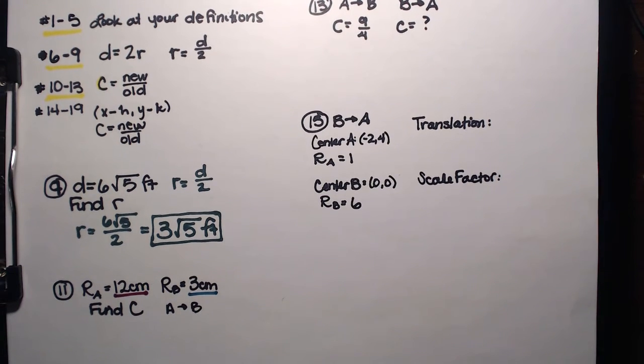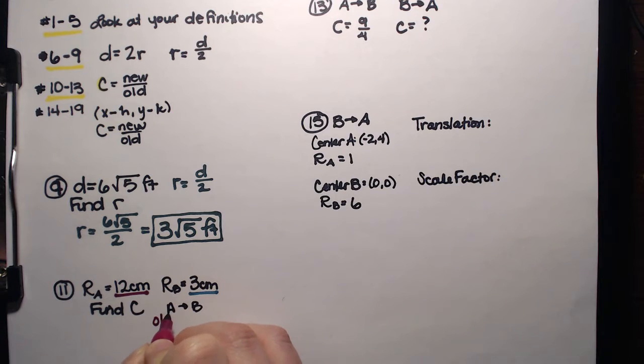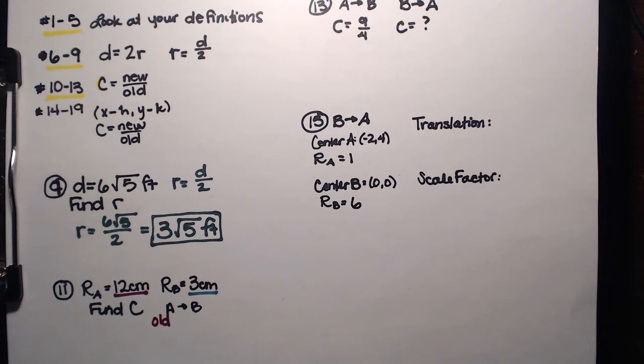Now, I also need what my new place is and what the old place is. So this one's saying A to B. So in this case, A is where I'm starting, so that's the old value, and B is my new value.